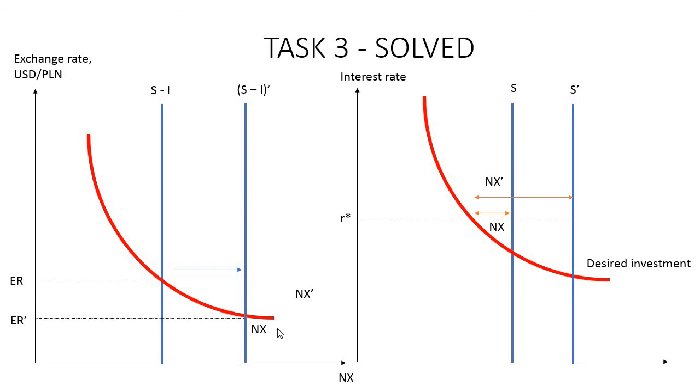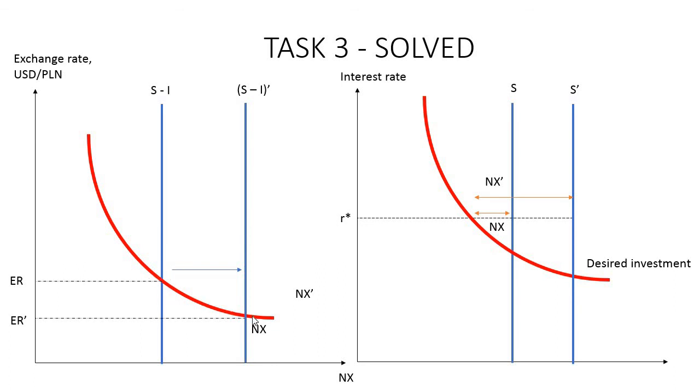As for the net exports curve, since we have the exchange rate as the variable in this model, for net exports we simply move along the net exports curve from the point corresponding to the higher value of domestic currency to the point corresponding to the lower value of domestic currency.